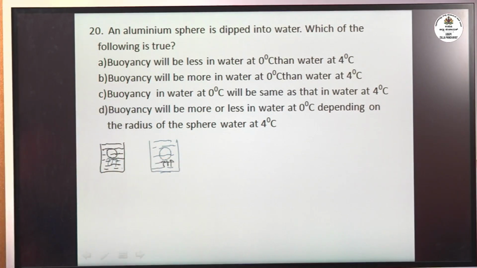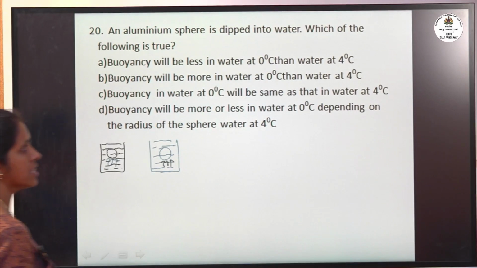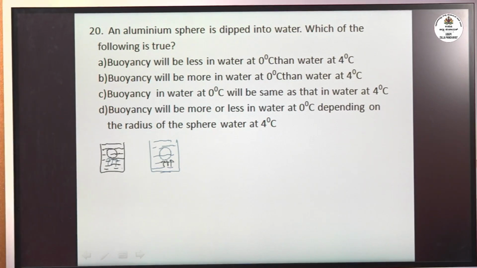Which of the following is true? We have four options. Buoyancy will be less in water at 0 degree Celsius than water at 4 degree Celsius. Buoyancy will be more in water at 0 degree Celsius than water at 4 degree Celsius. Buoyancy in water at 0 degree Celsius will be the same as that of water at 4 degree Celsius. Buoyancy will be more or less in water at 0 degree Celsius depending on the radius of the sphere.